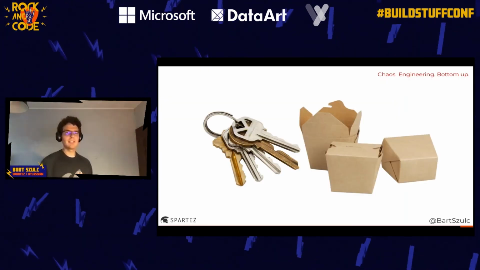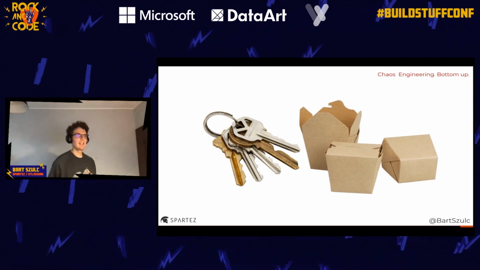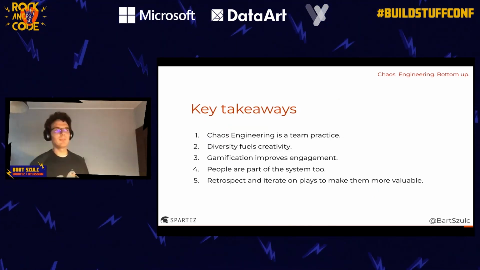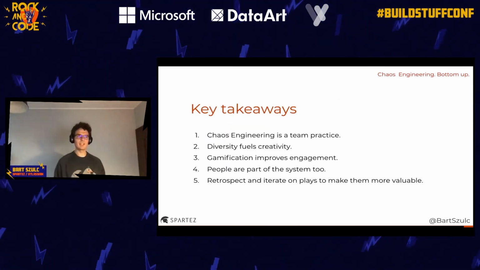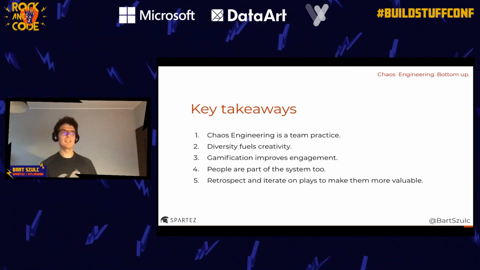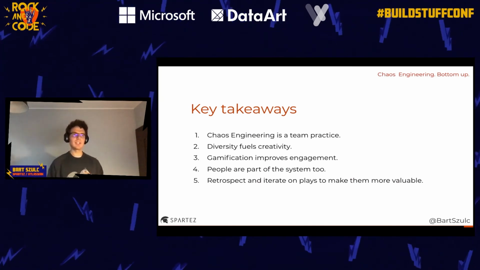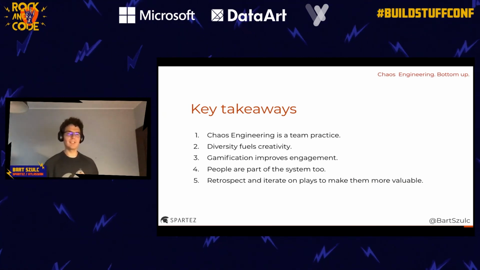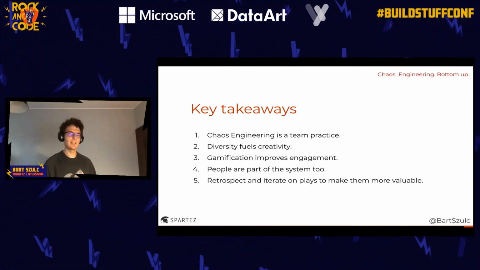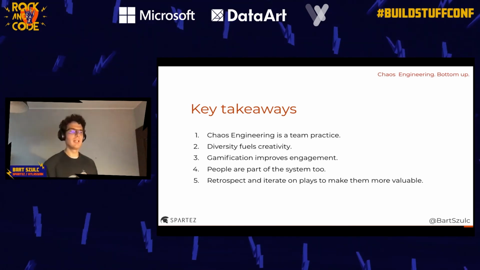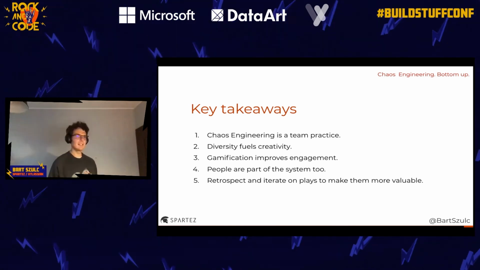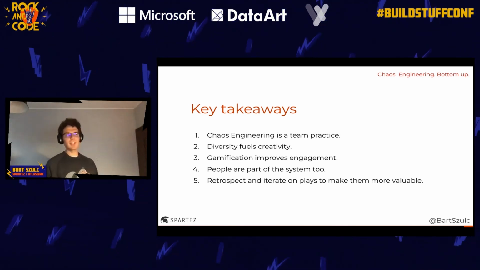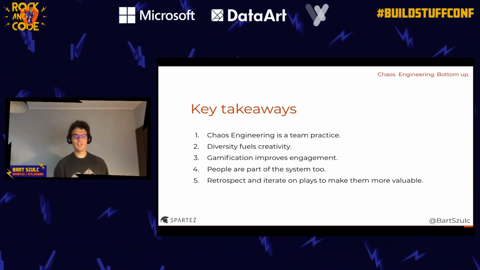Okay, so key takeaways. I hope that I've shown that chaos engineering is really a team practice. You can't do it individually. You can't do it as a group. Otherwise, you would just lose the creativity that comes from diversity and involving other people in the practice. Gamification definitely improves engagement.